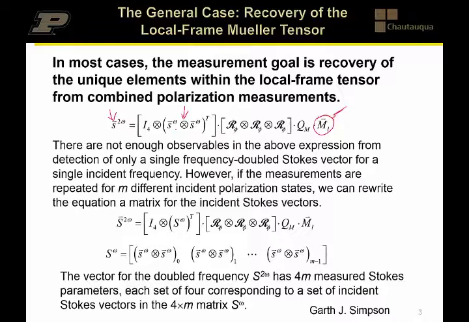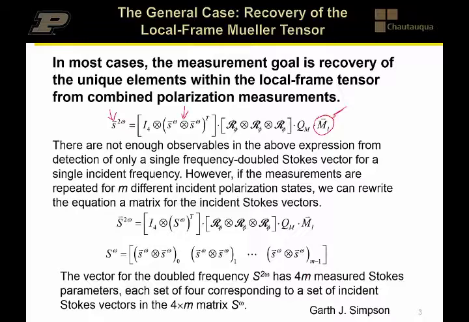If we now consider a set of many measurements, I make the 0th measurement for a particular incident polarization state given by S omega Kronecker-multiplied with S omega. Then for the second measurement, indicated by the index 1, I have a different polarization state going in, and I have up to m different measurements for m different polarization states. I can stack all of those into a matrix. It'll be a 4 by m matrix.